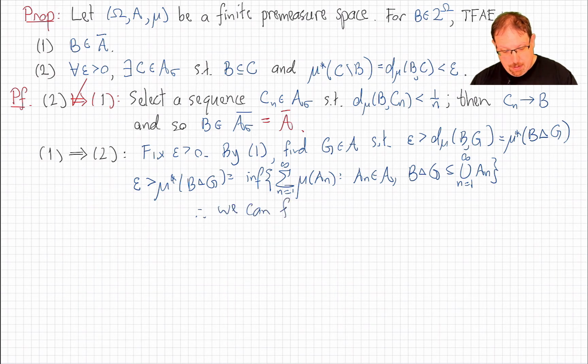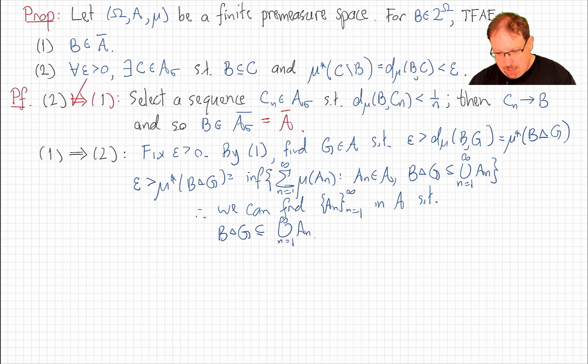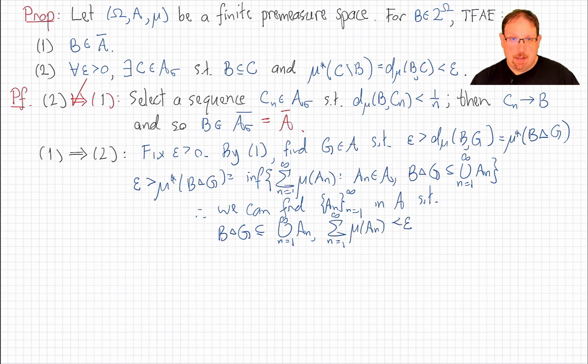We can find a countable sequence in the field A such that B symmetric difference G is contained in the union of the ANs, and the sum of the pre-measures of the ANs is smaller than epsilon.